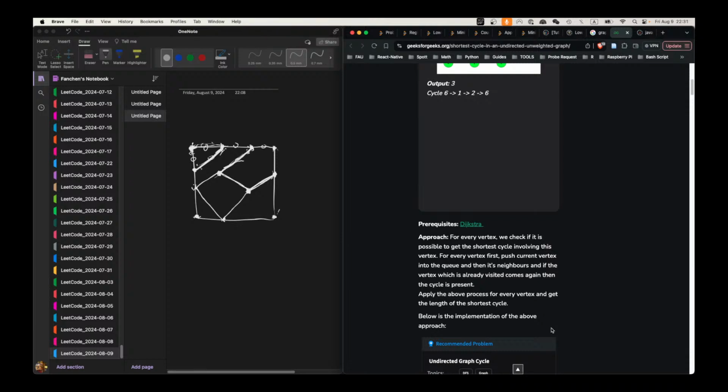The shortest cycle that starts from every single node. Now, the shortest cycle starting from this node is going to be this. The shortest cycle starting from here is going to be this, but we've done this already, so yeah, how do we handle that we have done it already?